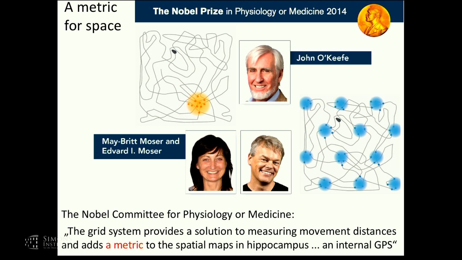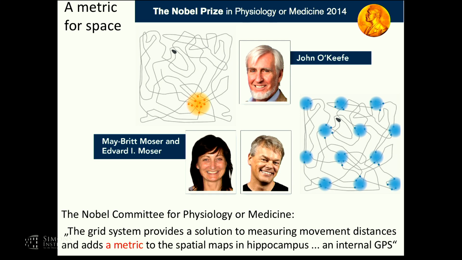So what I want to focus on is the reason why the Mosers got the Nobel Prize some years ago. It was given to them because the grid system provides a solution to measuring movement distances and adds a metric to the spatial maps in hippocampus, an internal GPS.